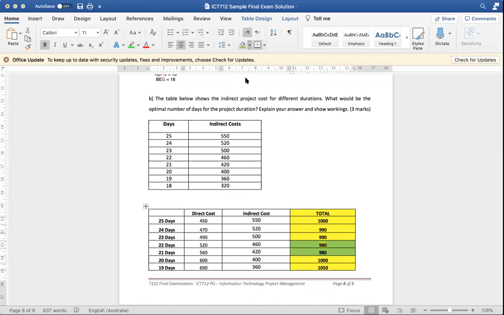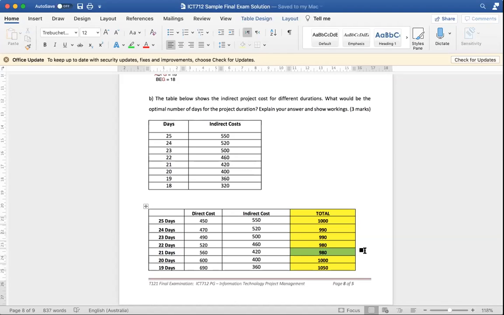And that 21 days is going to be the best time for me, because I can finish the project quicker and it's still going to cost me the same amount of money. So the best duration for me to finish my project is 21 days at a cost of $980.